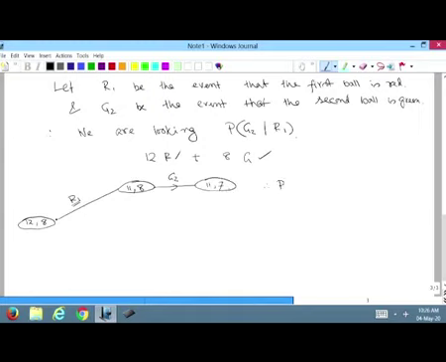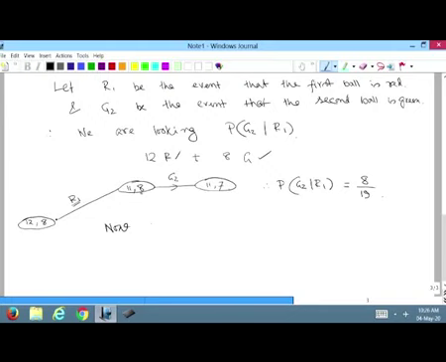Therefore, probability G2 given R1 is equal to choosing one of the green balls out of the total of 19 balls. Therefore, it is going to be 8 upon 19.